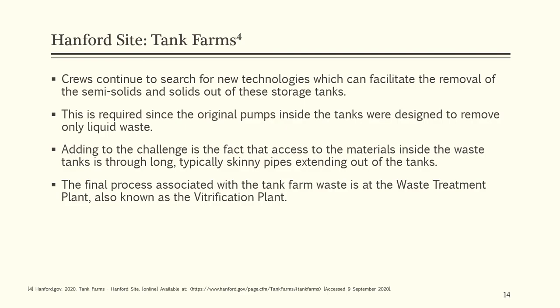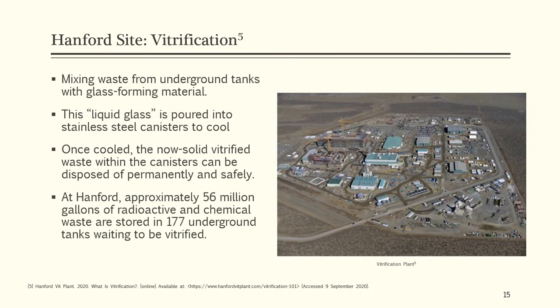And so now, with the extraction of this waste, what they have begun doing is processing the waste at what is known as a vitrification plant. And so vitrification is the process of mixing the waste from the underground storage tanks with glass-forming materials at very high heats. And this liquid glass is poured into stainless steel canisters to cool.